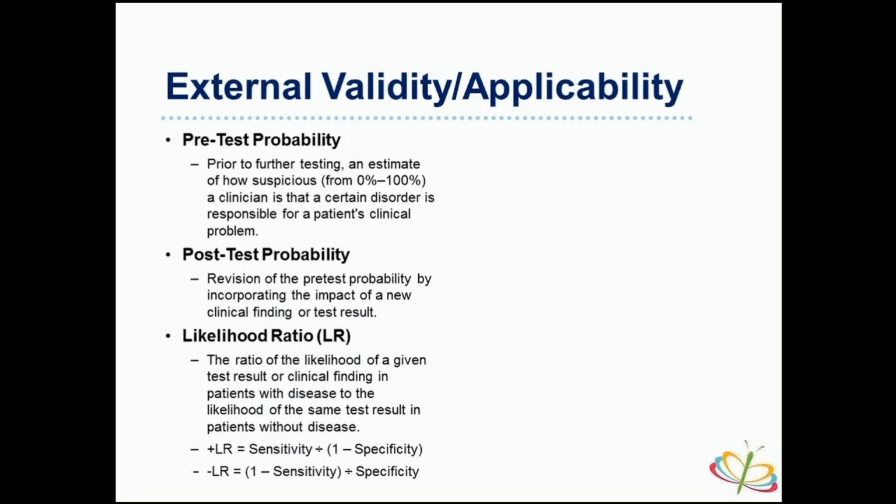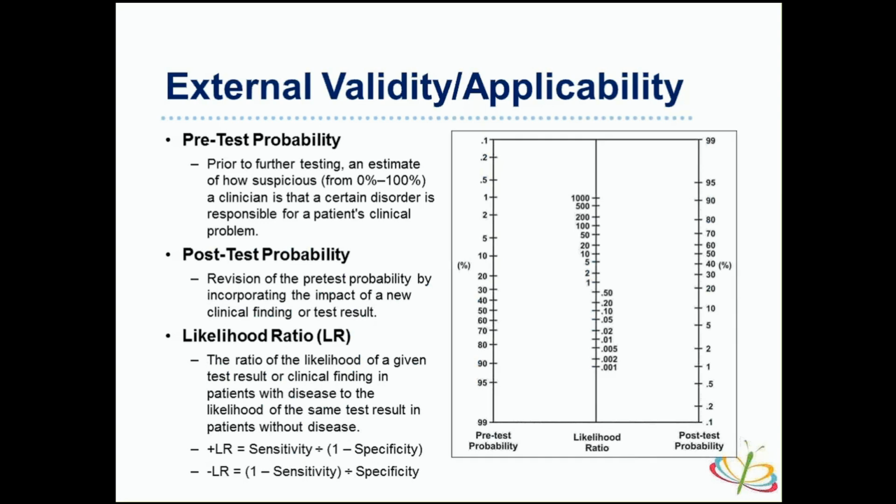And then connected to all of that are your likelihood ratios. This is where we bring in sensitivity and specificity, and they become important in terms of how likely it is that this test is going to tell me that this patient has a disease or does not have a disease. And then we have this nomogram.